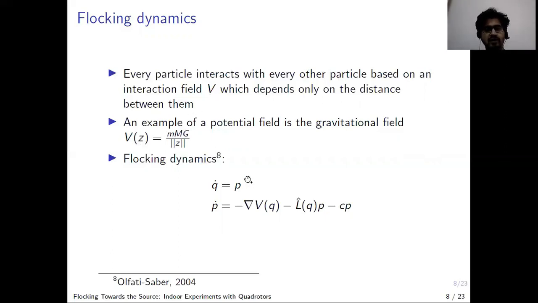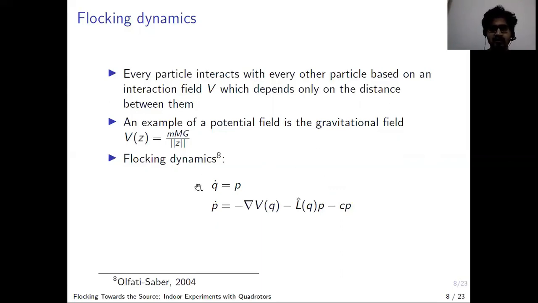However, while simulating planetary motion under gravitation, we will not have these two terms. These two terms here come from the alignment rule, which says that each agent tries to match its own velocity with the velocity of its neighbors. That is this term, where L is the Laplacian matrix. And this term comes mainly due to the damping or some friction involved in these agents.